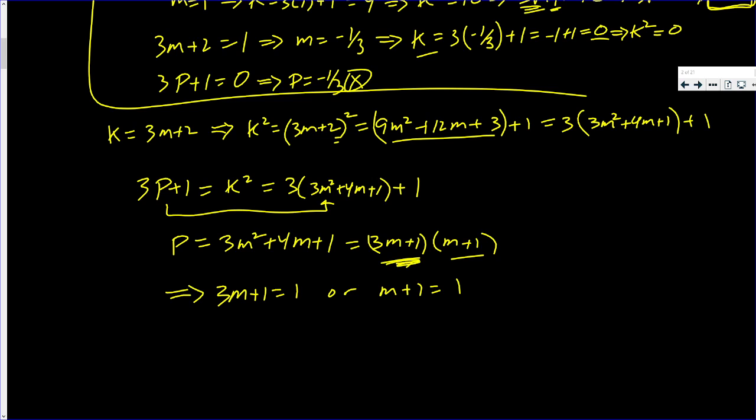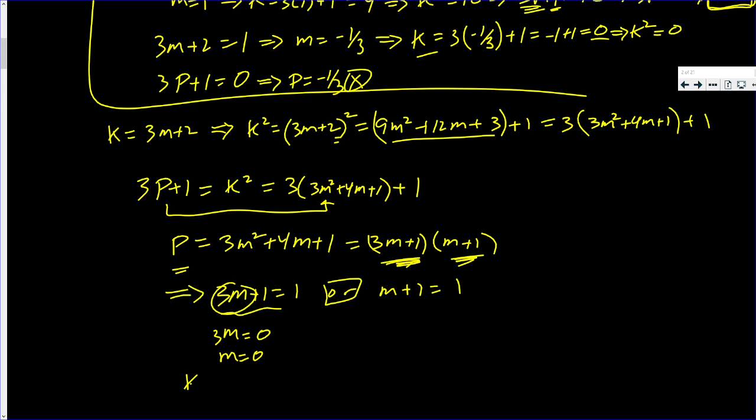Well, if they're both 1, 1 times 1 is 1, and p can't equal 1, because 1 is not a prime number. So this here tells you that 3m is 0, so m is 0. We'll accept any possible choice for m. Not going to discriminate. But m is 0.